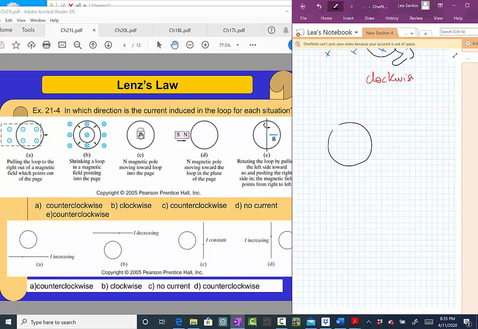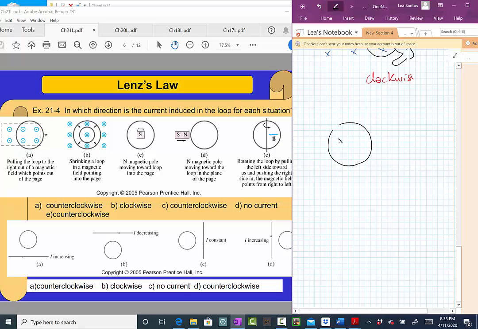So this is the south pole, that's what we see, the back of the magnet, and the front of the magnet is the north pole going into the page. Okay, and look, we are going to move this magnet closer and closer into the page.